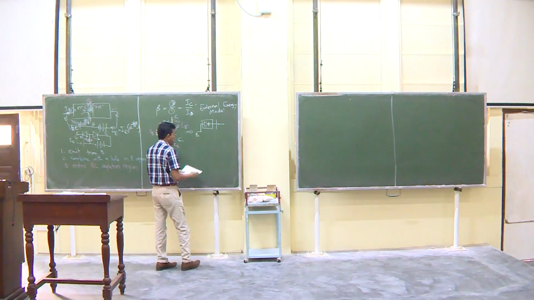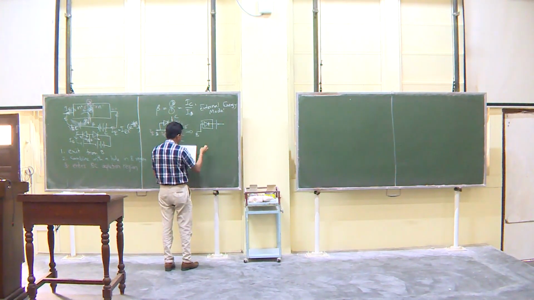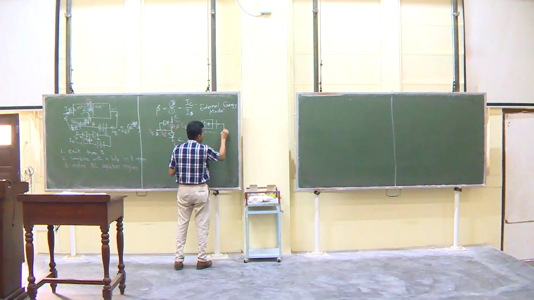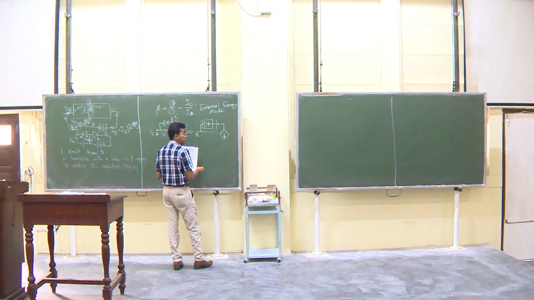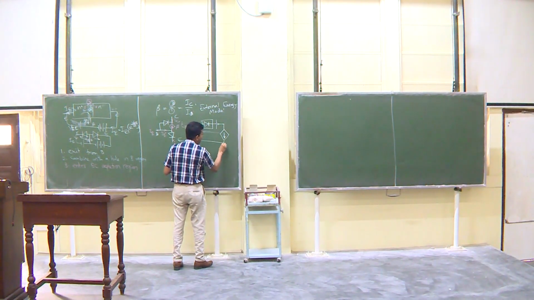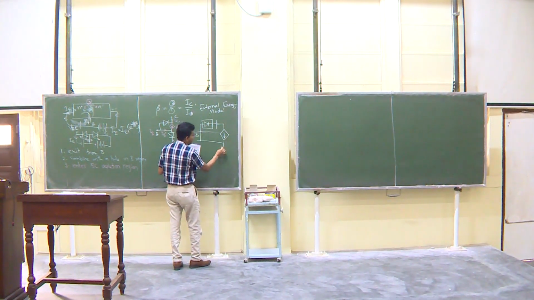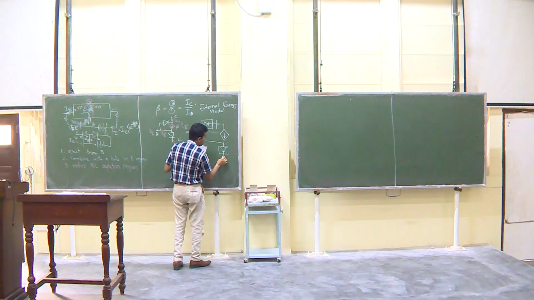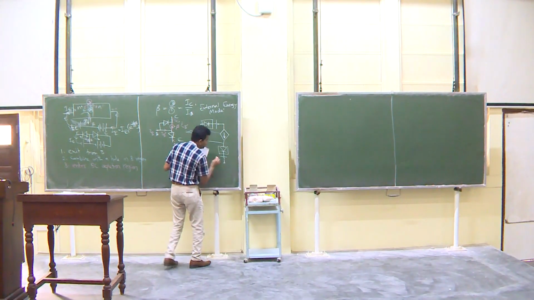This is a battery. And also this current controlled current source and another ideal diode in series with another battery.